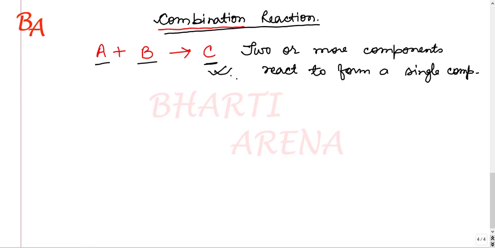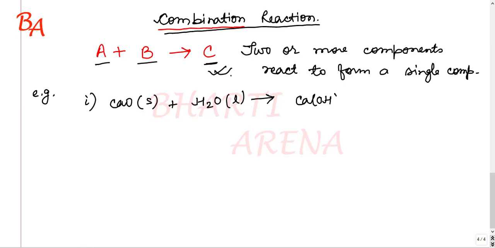Now we will see a few examples of this reaction. Calcium oxide, it is in the solid form, plus water, it is in the liquid form. These two when react will give calcium hydroxide, it is in the aqueous form.